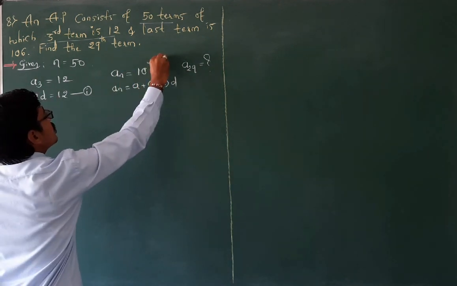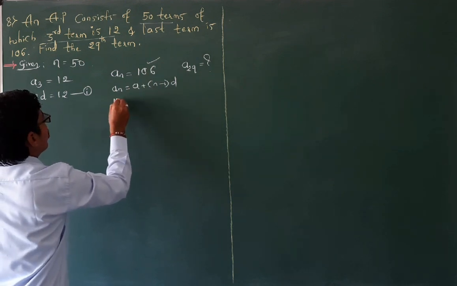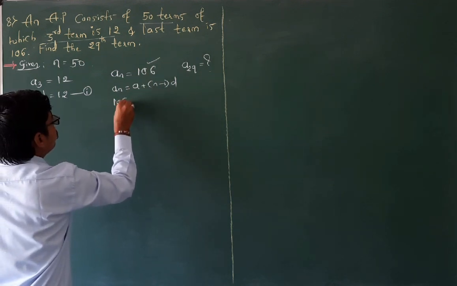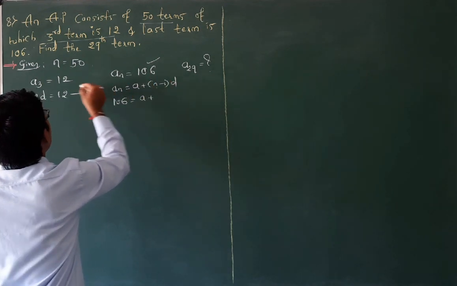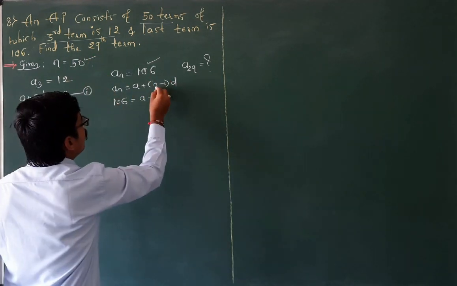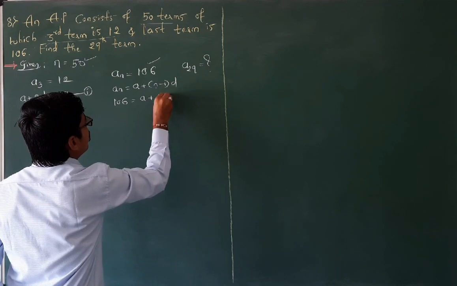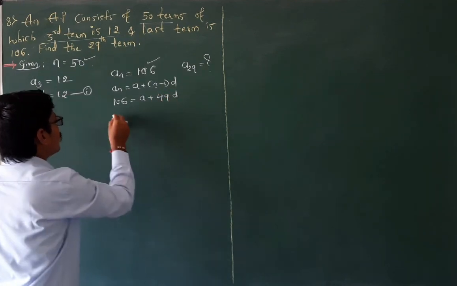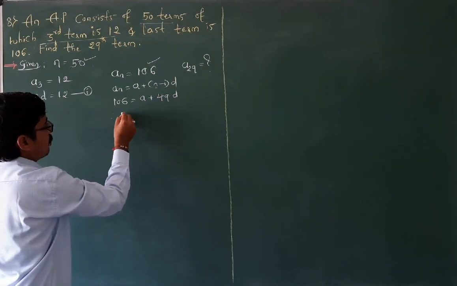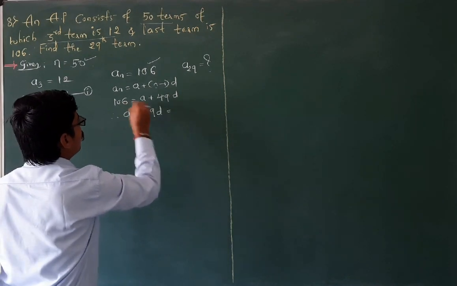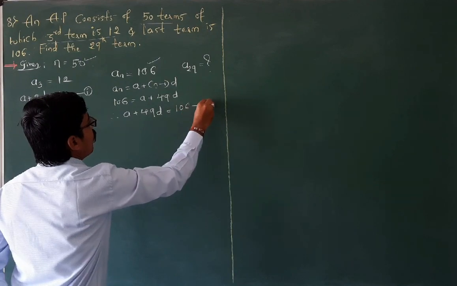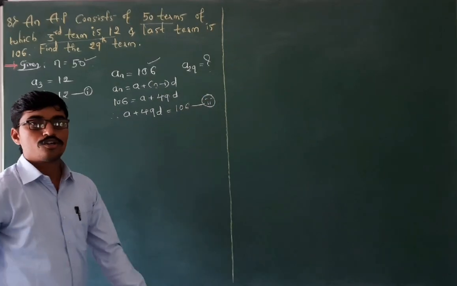So an value is 106, a as it is, plus n minus 1, n value is 50, so 50 minus 1 is 49d. Therefore it can be rearranged as a plus 49d is equal to 106. Call this equation number 2.